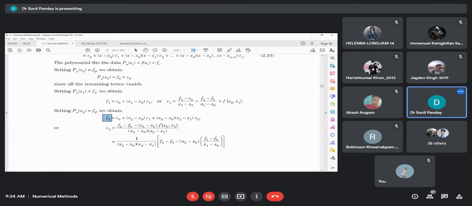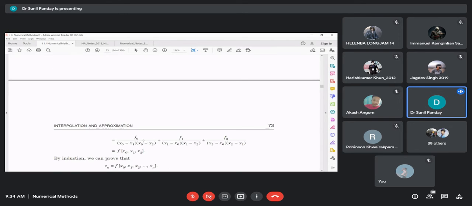After simplification and substituting the value of C1, which is the divided difference of x naught and x1, and C naught, which is our f of x naught, we finally have this. After more simplification you have this, and we have already proved that this form is the second order divided difference of x naught, x1, x2.